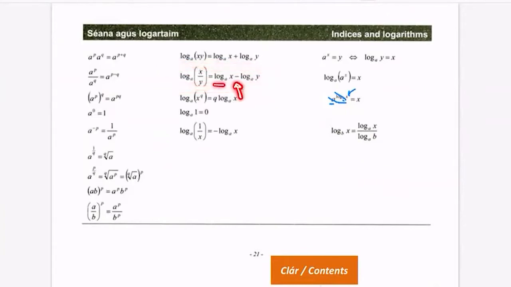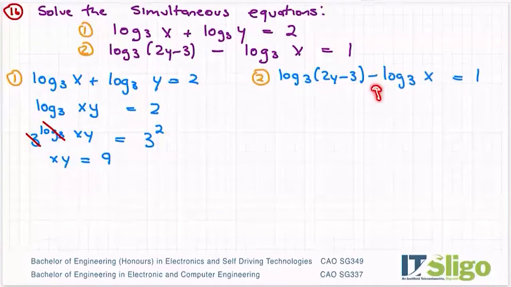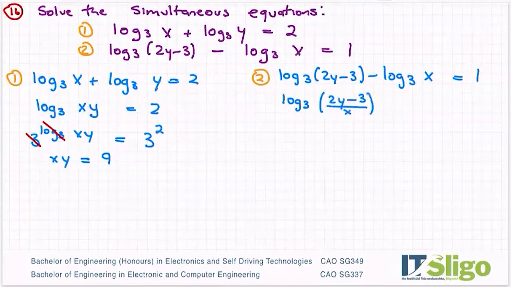When it's a minus and the base number is the same, you can combine them by saying it's the log of the first one over the second one. That's when there's a minus in the middle like we have here. So that will look like log to the base 3 of (2y minus 3) over x on the left, and of course being equal to 1 on the right.